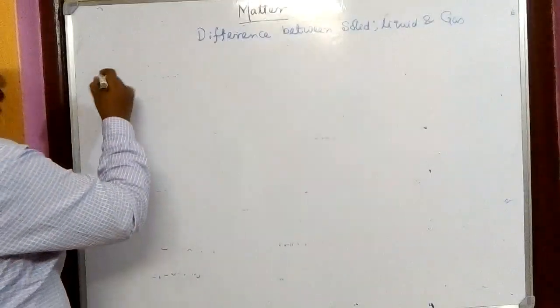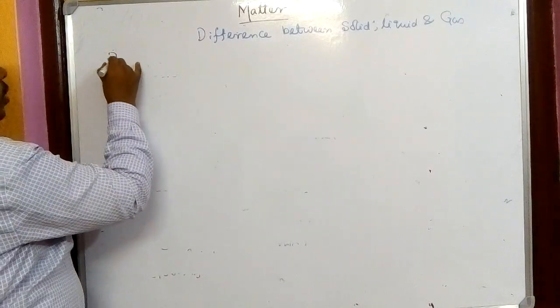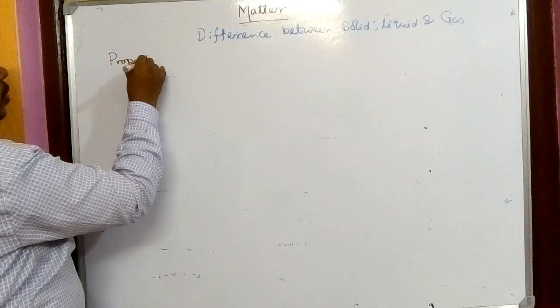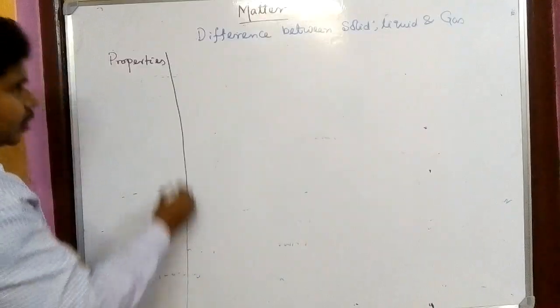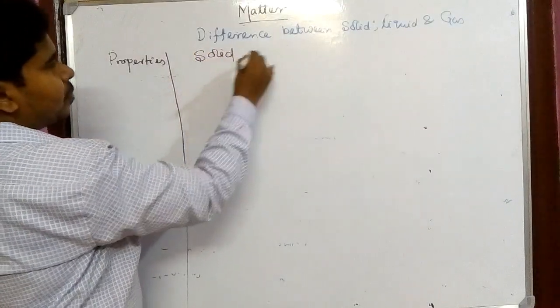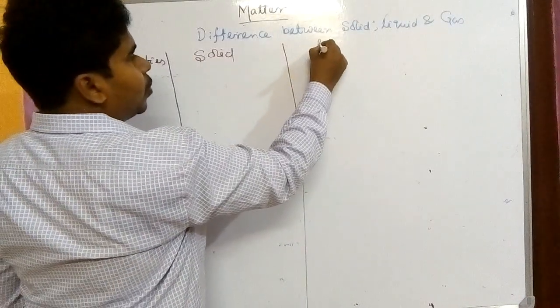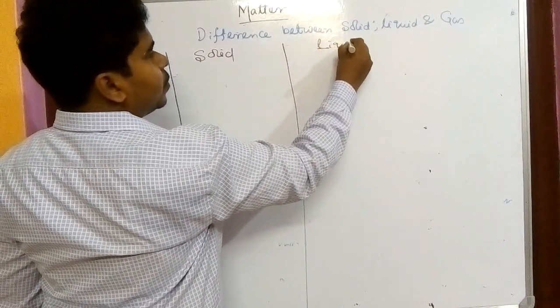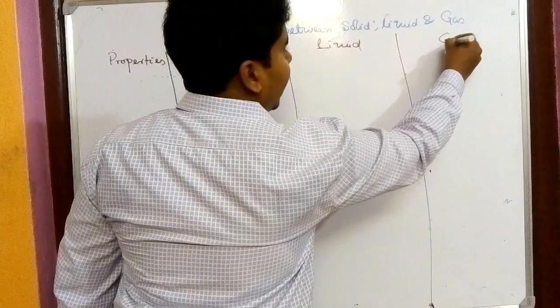Here we have to make a heading, the properties. These are the properties we have to write on this side. Next here, solid. For solid we have to leave this much space. Liquid. And the last one is gas.